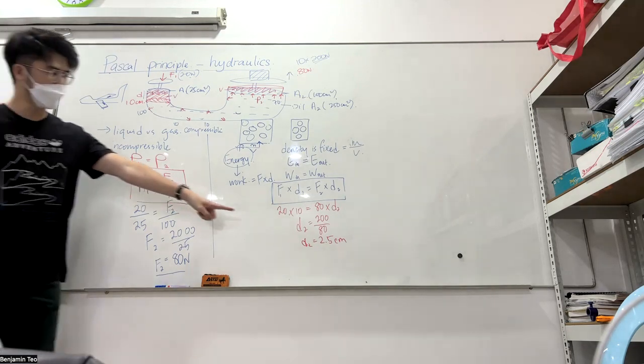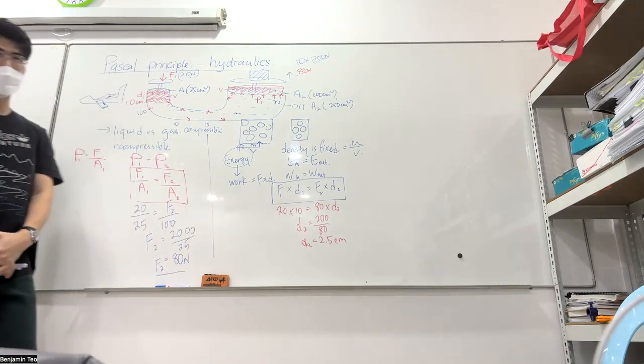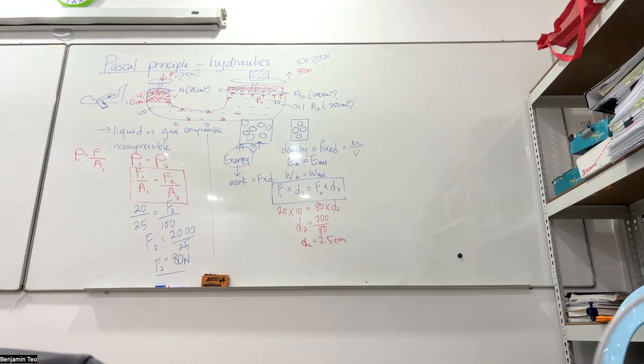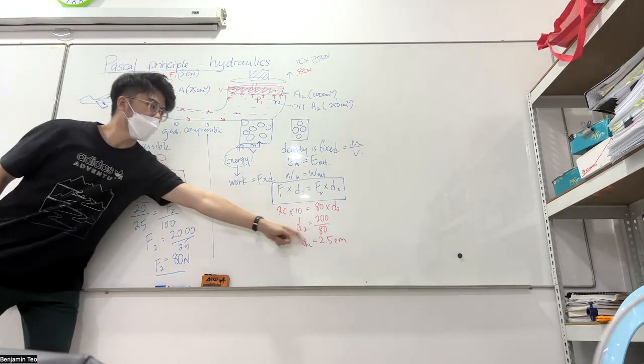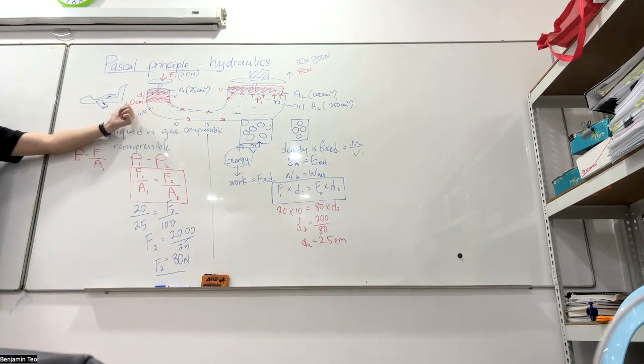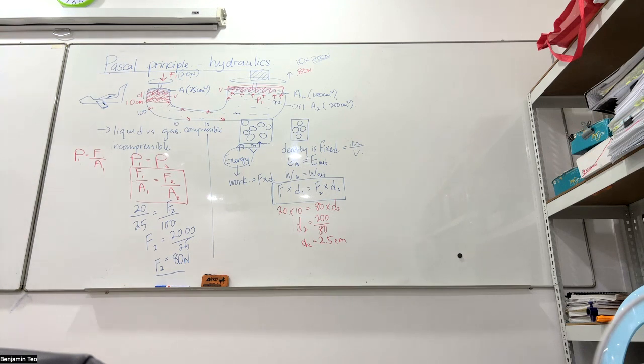So what does this tell you? D2 equals 2.5 cm. When the piston on that side rises by 2.5 cm, here it comes down 10 cm. How many times is this one? Again, 4 times. 1/4 of 10.